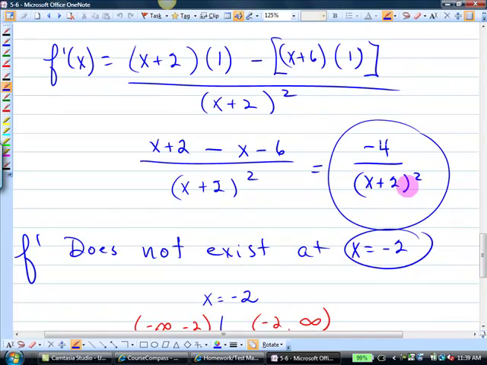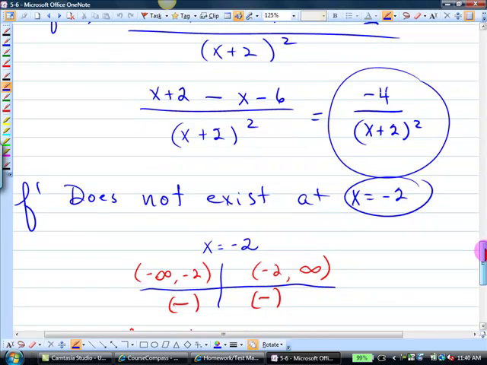If you come up with something like this, you want to look at where it would not exist. From that point, you're doing the same thing. x equals -2. Here's your interval. Here's your interval.